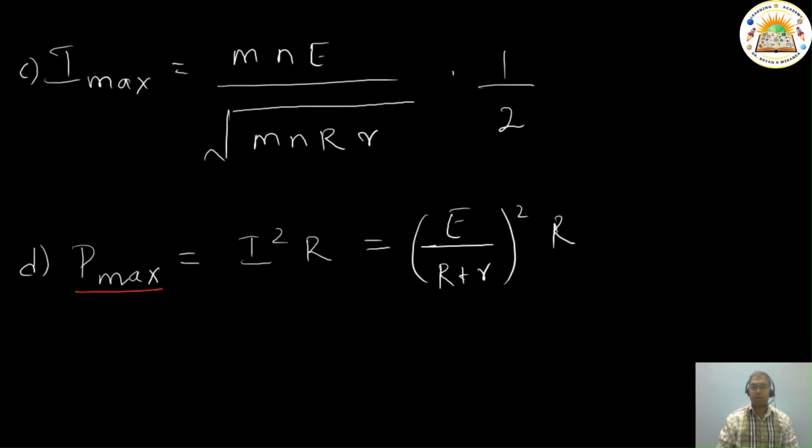So the underlying condition for Pmax, or the maximum power, is R external equal to R internal. So here I'm just going to write this as (E squared by 2R) the whole squared times R. So what is the power going to be?